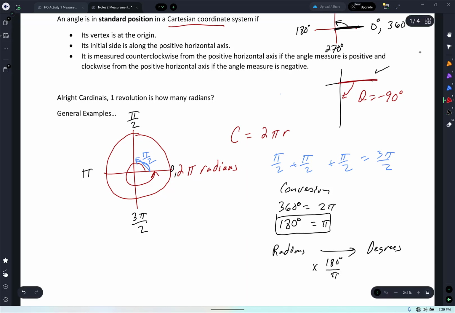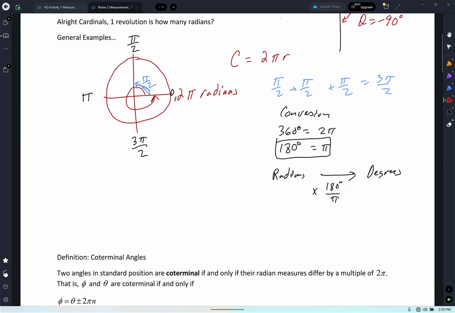If I go from degrees to radians, I'm going to take my degree and multiply it by pi over 180. Are we okay?